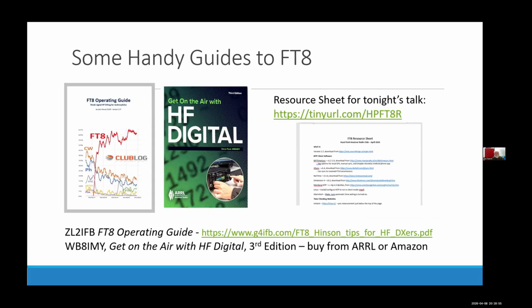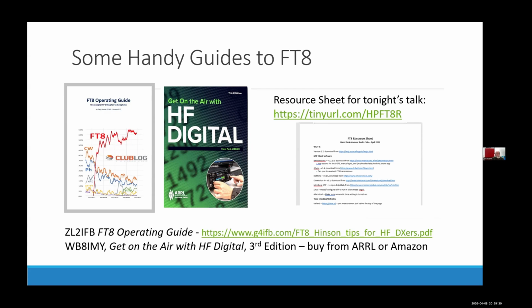Okay, I'm going to wind up here. If I haven't told you enough and crammed your brain full, then there are some other places you can go for more information. There's obviously the WSJT-X user manual, which is very detailed and very thick, and comes with the software. There's the ZL2IFB FT8 operating guide, and the guy has moved back to England, so that's why the URL has the G4 call sign in the site name.